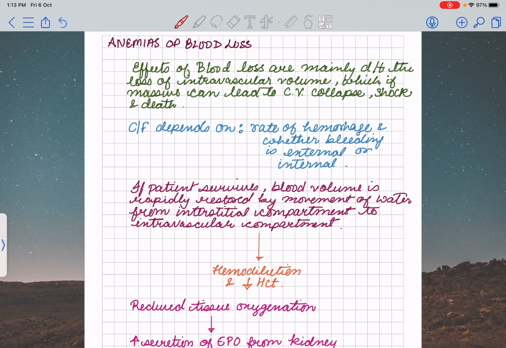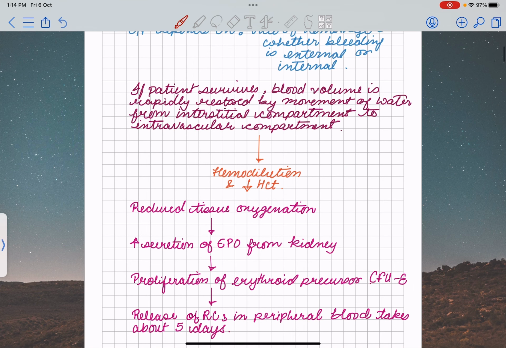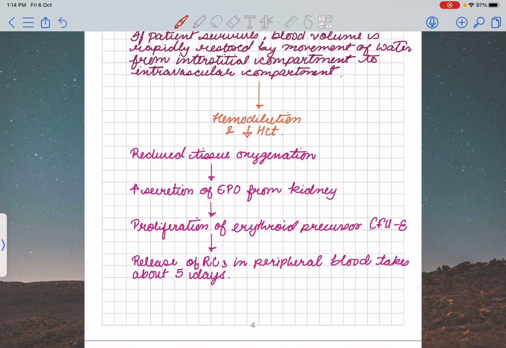They cannot tolerate hypoperfusion for long periods of time, so they immediately need it. So in that case, what happens is that blood volume, extra blood, whatever is present in the body, it moves from interstitial spaces into the intravascular, that is blood vessels, and this can lead to hemodilution and reduced hematocrit. This reduces tissue oxygenation.